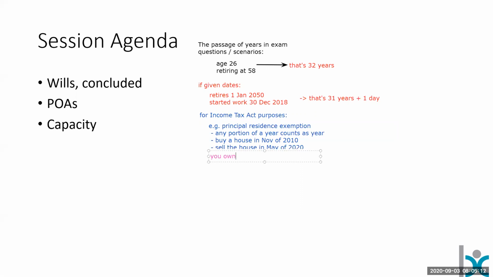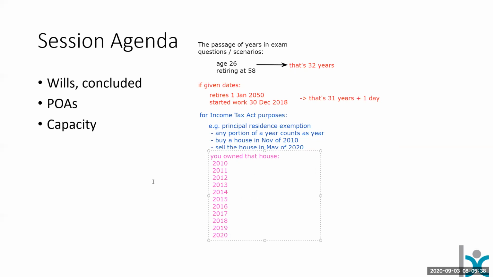You owned that house in 2010, 2011, 2012, and honestly, on the exam, if you had sat beside me the day that I wrote my CFP exam, you would have seen me counting years on my fingers like I was in grade 2. I guess I needed to use 2 hands. Everybody with me here? I would have counted this out just like so.